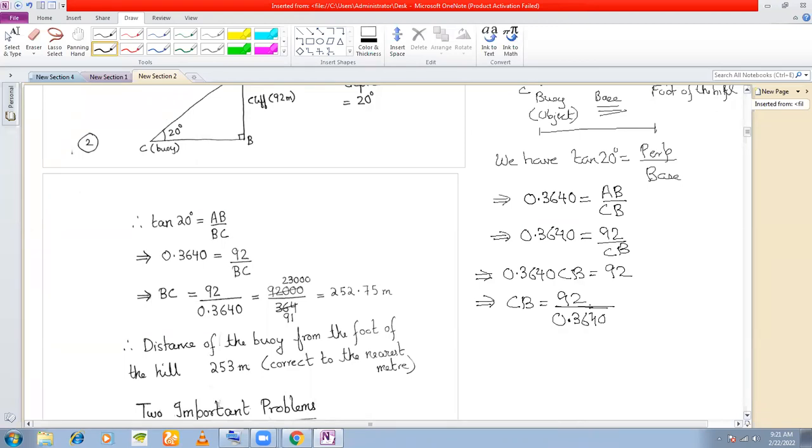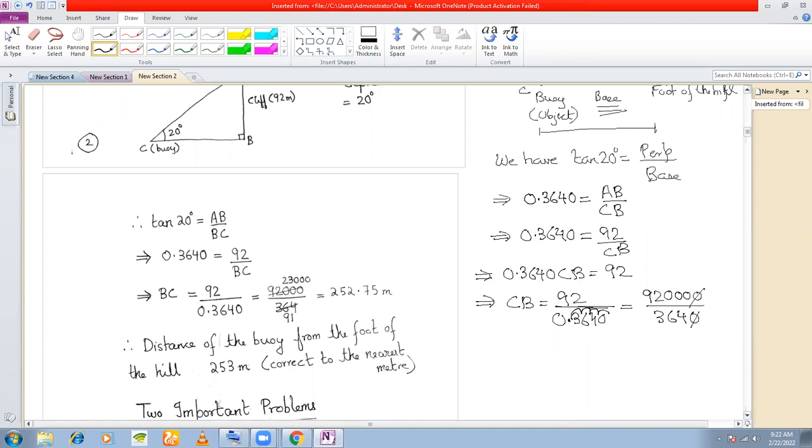That is the only way of finding this out, right? So what you have to do is shift 4 places of decimal in the denominator. That means if you shift 4 places of decimal in the denominator to the right, you have to add 4 zeros to the numerator. 640 and 10 cancels here. So you're getting 92,000 by 364, right?